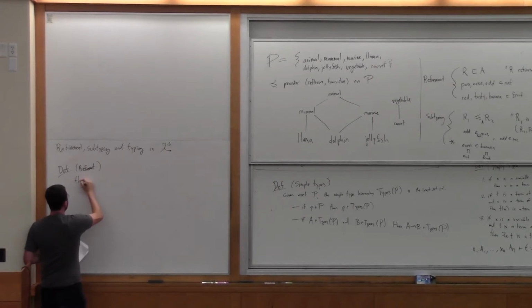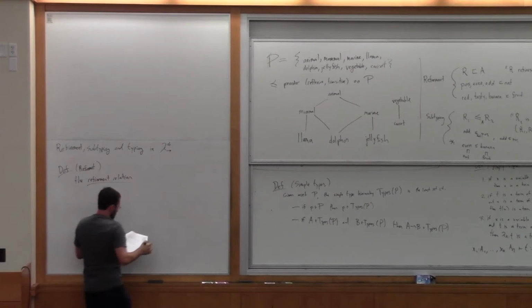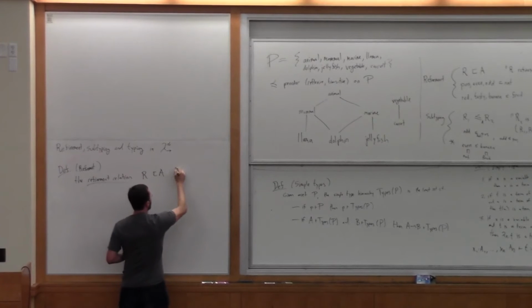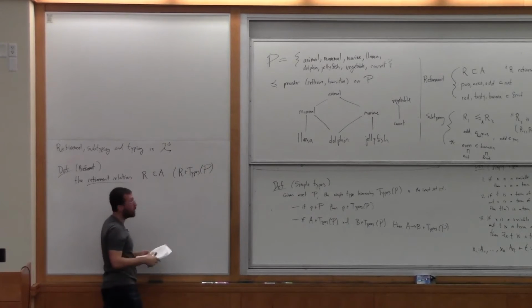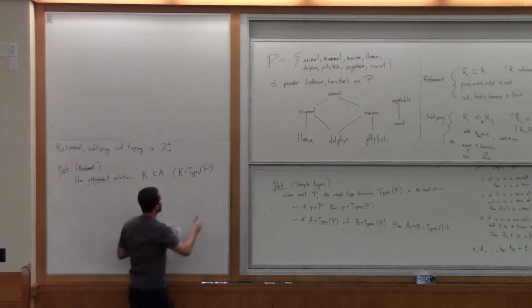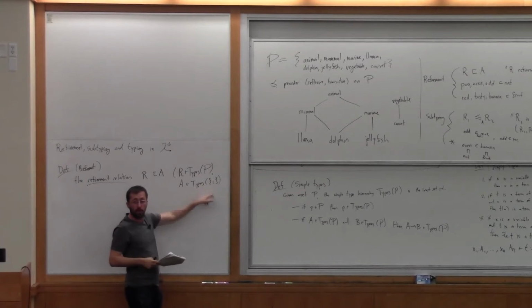The refinement relationship, I'm going to write it like this: R refines A, where R is going to be something in types of P. It's going to be a simple type again, but now a simple type generated over this collection of atoms, or some arbitrary collection of atoms. And then A is going to be in types of, well, just this boring simple type hierarchy with one atom.